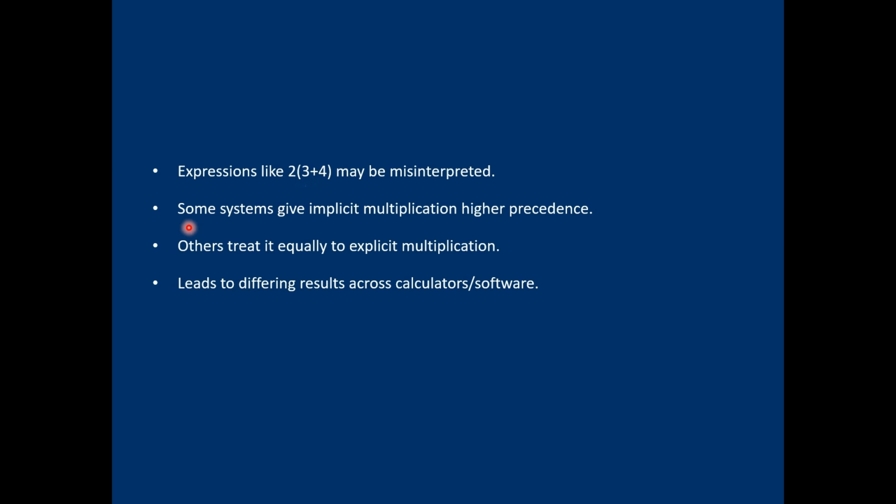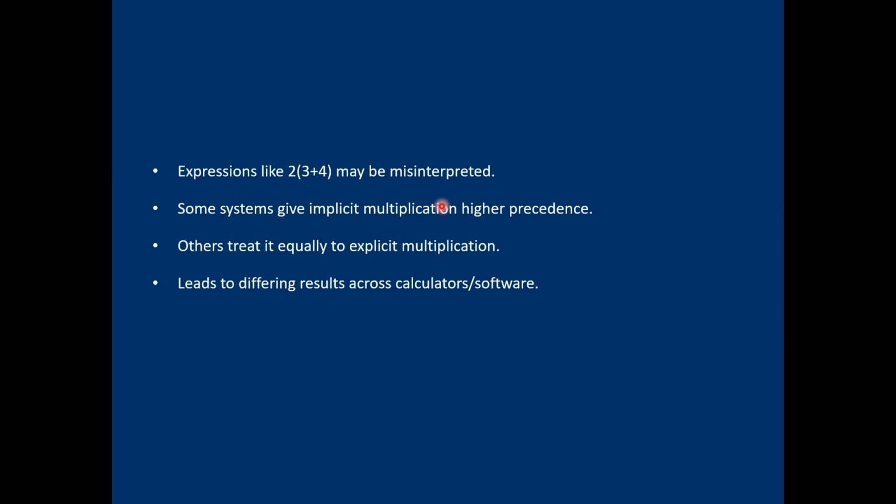But it can be misinterpreted because certain systems give implicit multiplication higher precedence. So whenever you see that type of multiplication, there have been some standards that give that implicit multiplication higher precedence than, say, explicit multiplication. When I say explicit multiplication, I mean multiplication that actually shows a multiplication operator, the multiplication symbol.